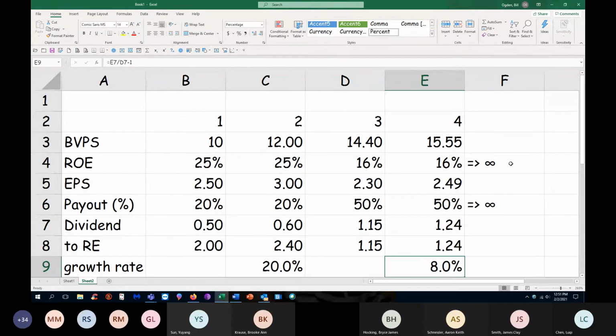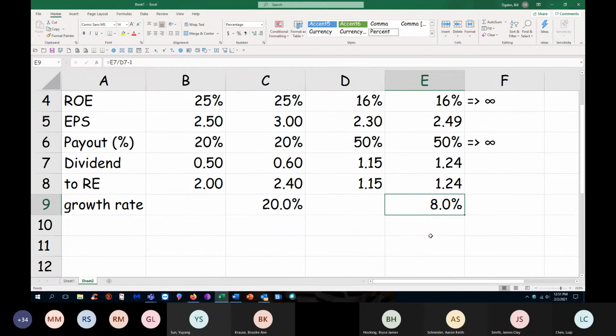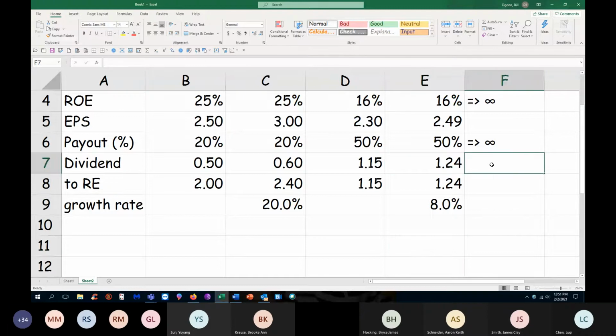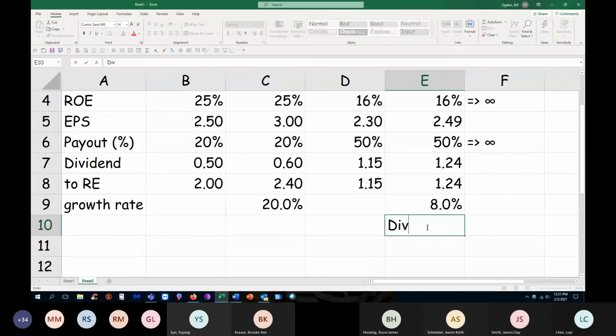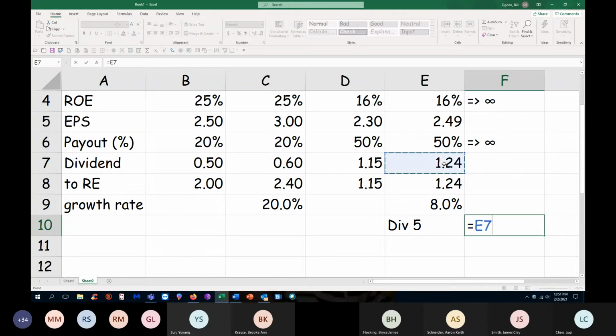All right, so let's do a couple of things here, just real quick. If I'm saying that this dividend will grow at 8%, what would it be for year 5? So let's estimate D5 very quickly. We don't need it for anything, but just to show you how the process works. So it should be dividend 4 times 1 plus the growth rate.